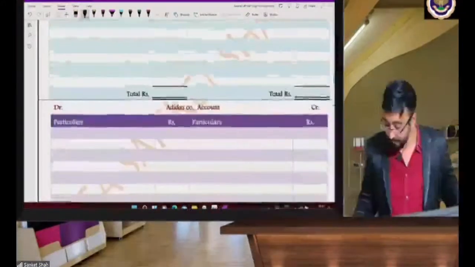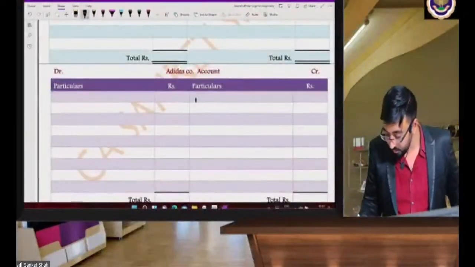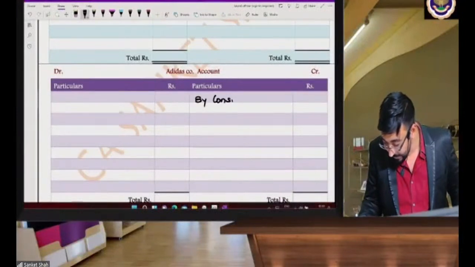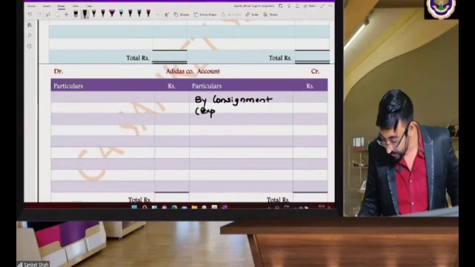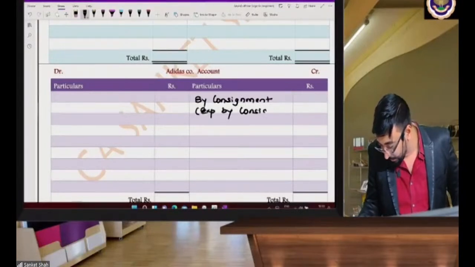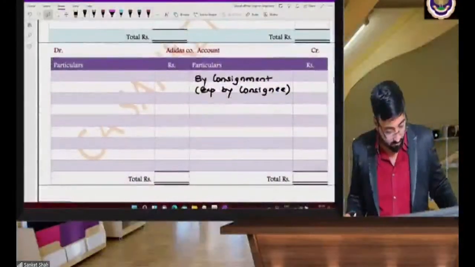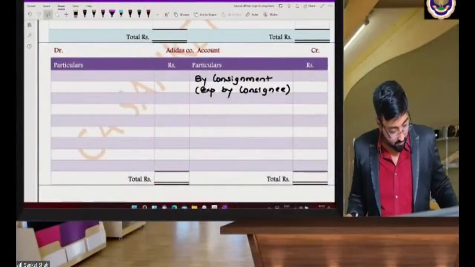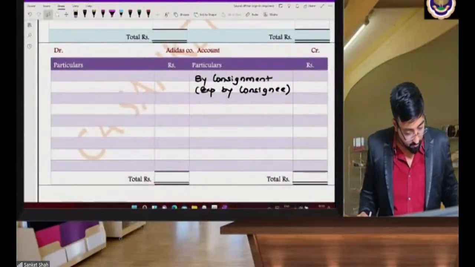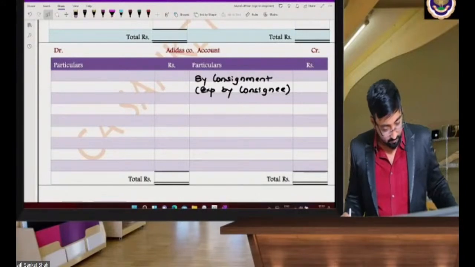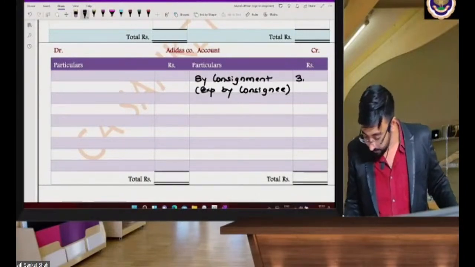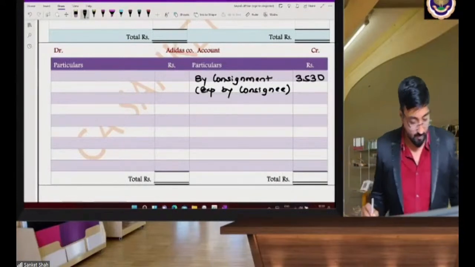And second effect, Adidas account by consignment, in bracket expenses by consignee. Amount is 3530. Okay.